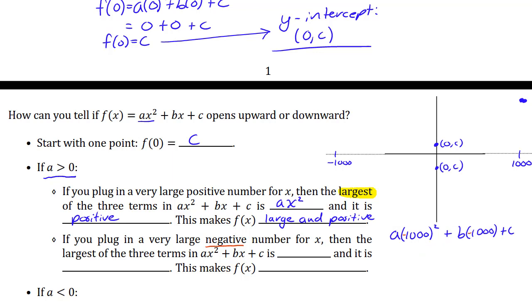Negative 1,000 squared is still positive, and it's still going to be about 1,000 times bigger than b times 1,000, because 1,000 squared is 1,000,000. So the largest of these is going to be the ax squared part still, and it is still positive. So this makes f of x still large and positive.